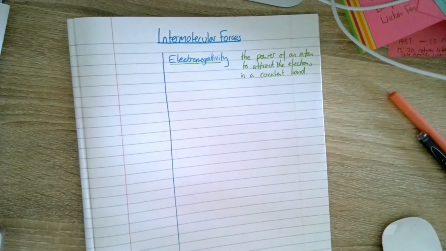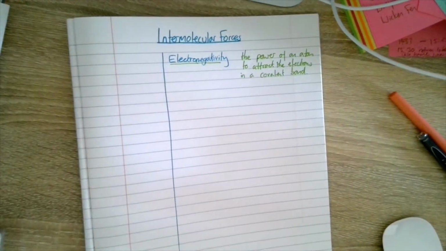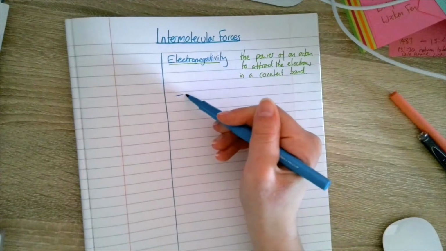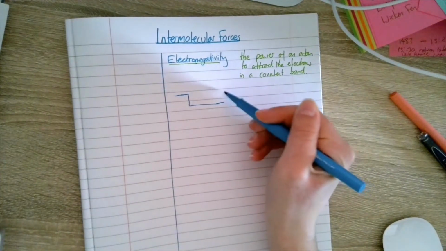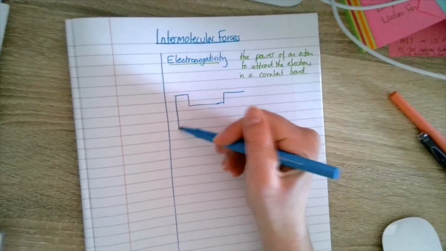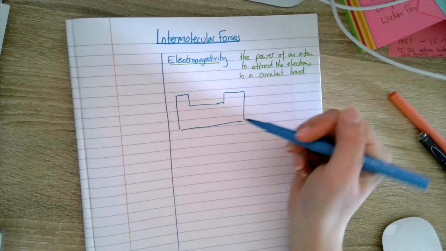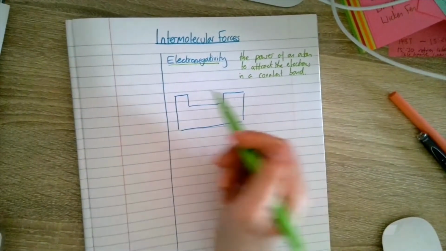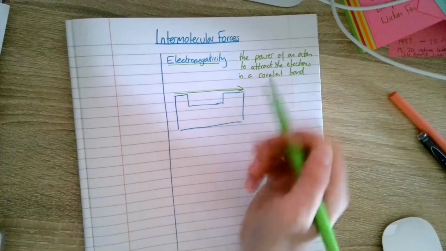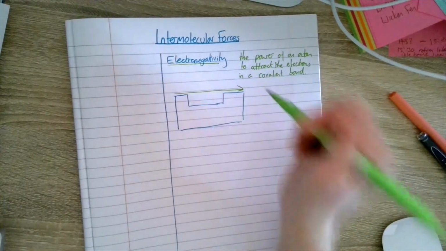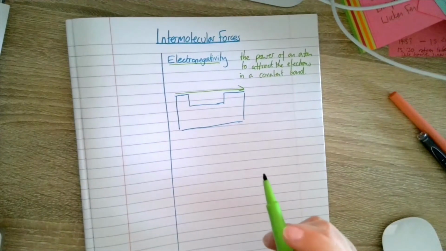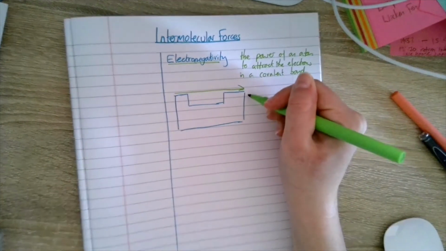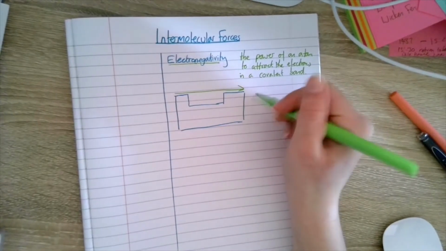Now when we did this, we looked at the Pauling scale. So if we take this to be our periodic table, what we find is that across a period we are increasing our electronegativity, and when we go down a group it decreases.